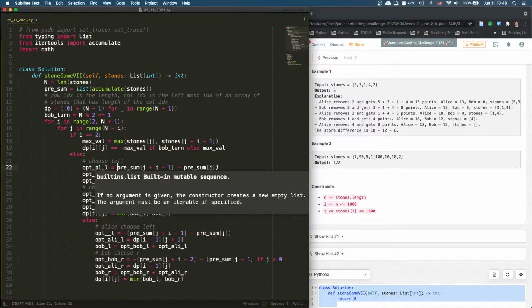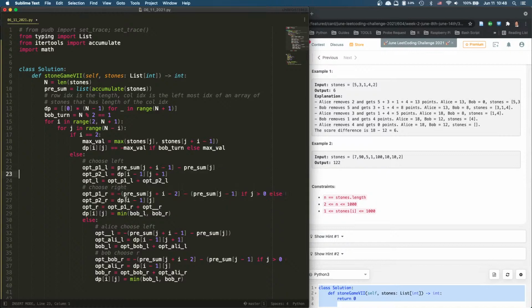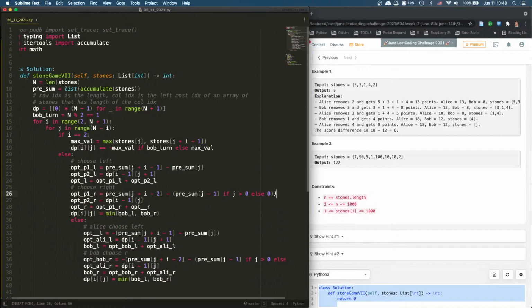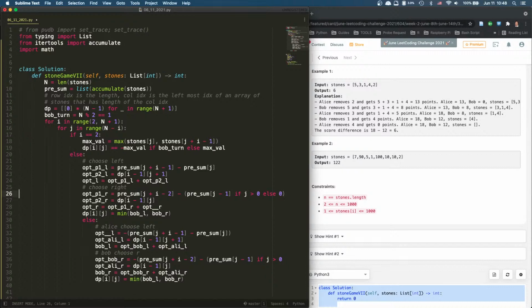Hold on. Let's not consider the Bob and Alice at this point. Let's just get the optimal, right? So optimal left, optimal right.